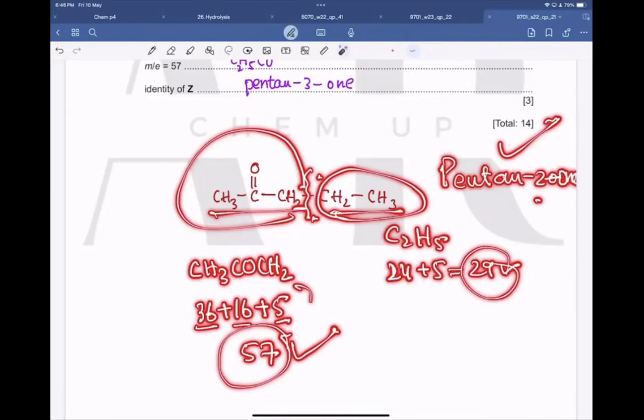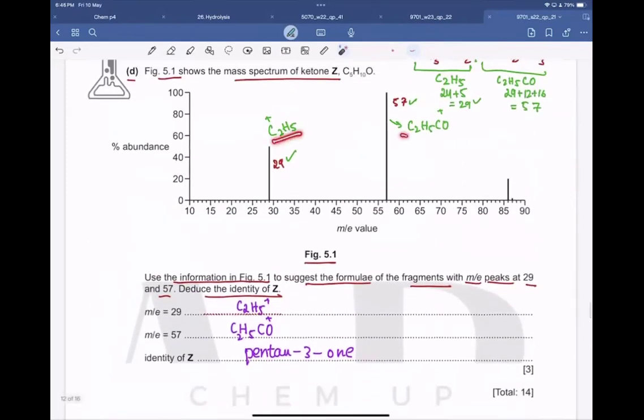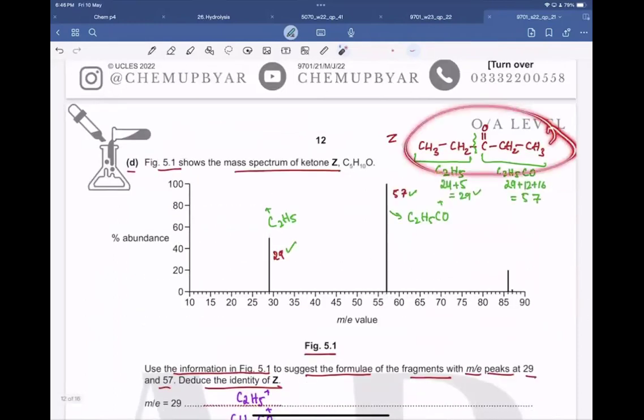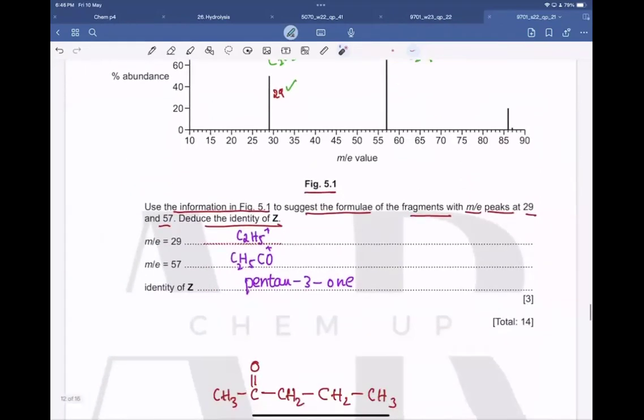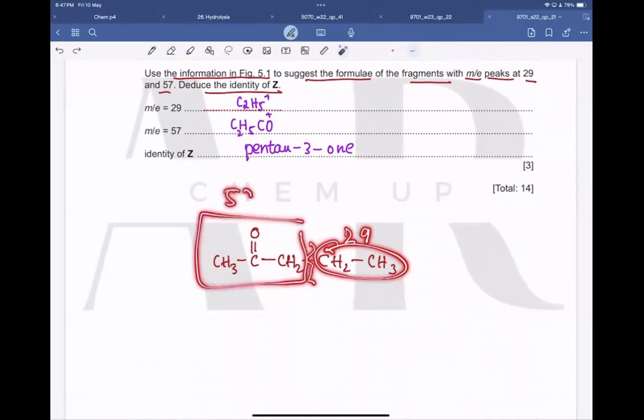Is this clear? That's how we are identifying. We have identified these two fragments, and when we connect them we got this. So that could be Z. I made pentan-3-one, but if I break here, I have made pentan-2-one. I fragmented from here, this fragment got the mass of 29 and this fragment the mass of 57.